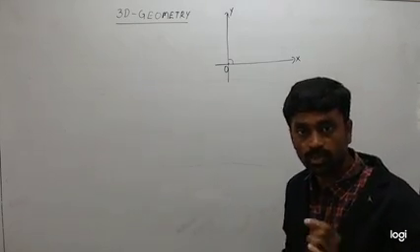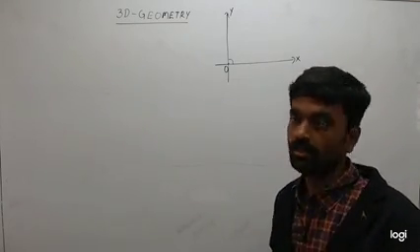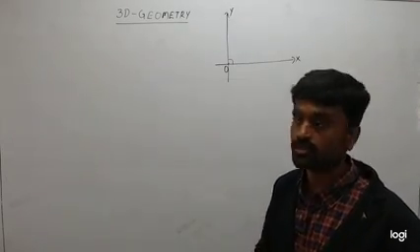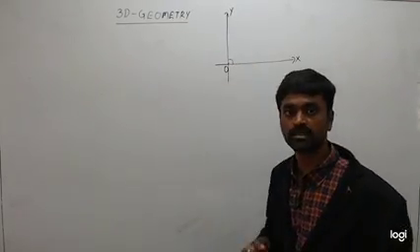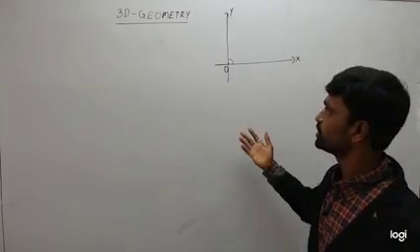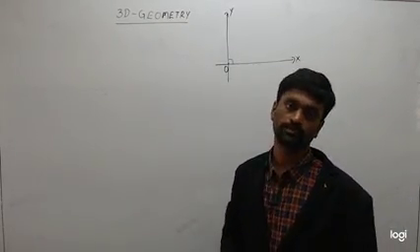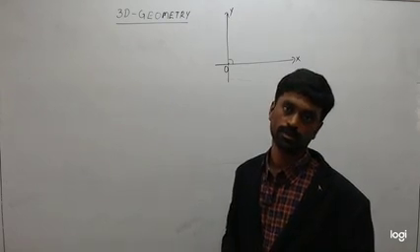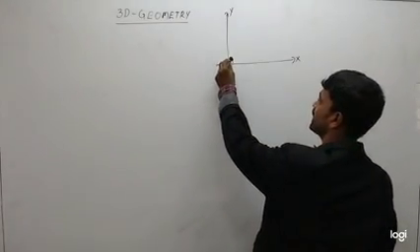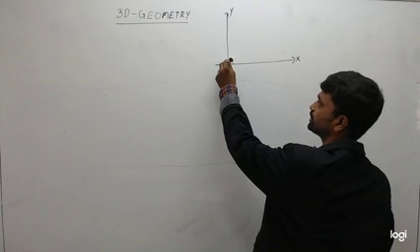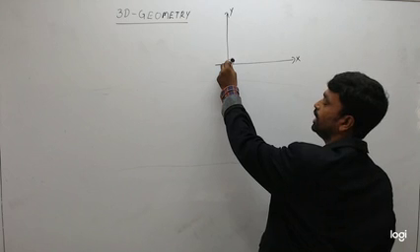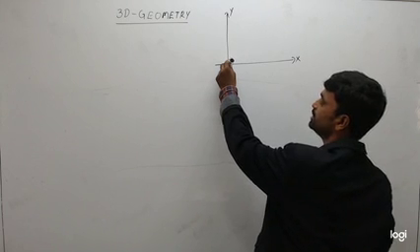Is it possible to draw such a line in the same plane, in the same board? Because the board is also nothing but a plane only. So it is not possible. Just imagine the direction of this marker is the third line, which is passing through O and perpendicular to both the x-axis and y-axis.